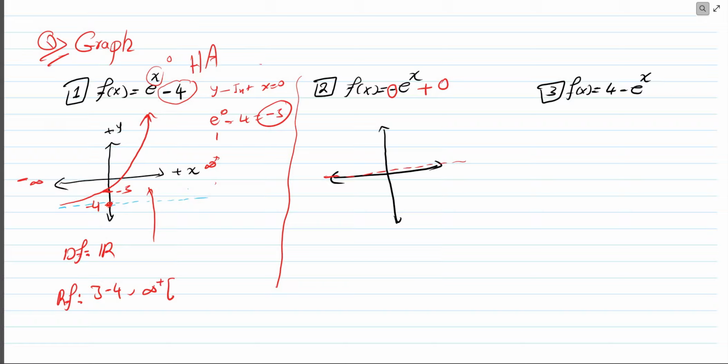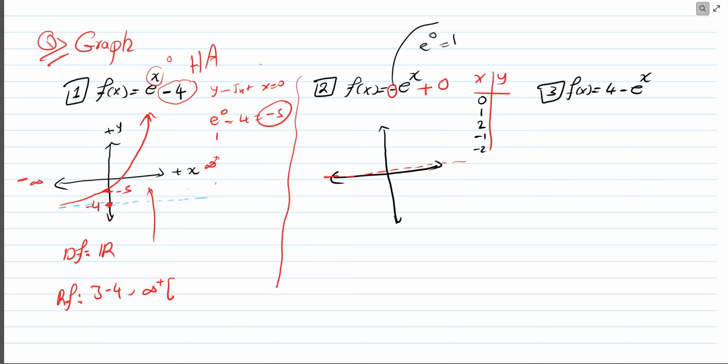Dear students, if you make a table for this function, this is x, this is y. If you substitute values for x, for example 0, 1, 2, -1, -2, if you substitute 0, you will get e power 0. E power 0 equals 1, right?